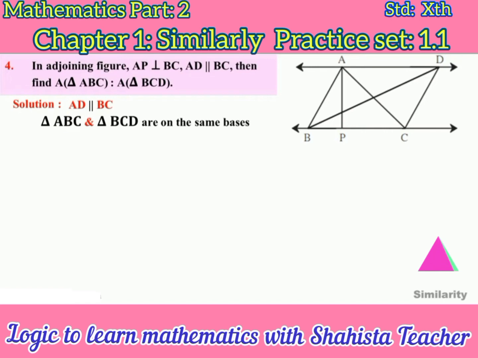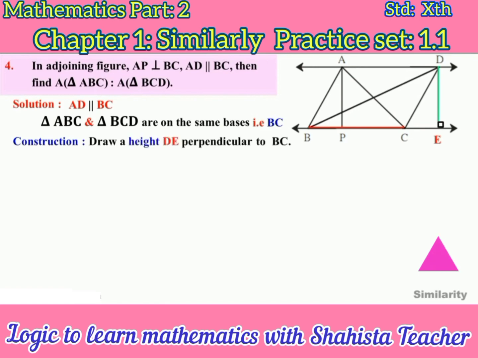You can observe that triangle ABC and triangle BCD have a common base, that is BC. BC is the common base for both these triangles. See, this red color line indicates the base. So BC is the base for triangle ABC and triangle BCD. How many triangles? 2 triangles. See, this is a height. DE is the height. So here we have to construct.